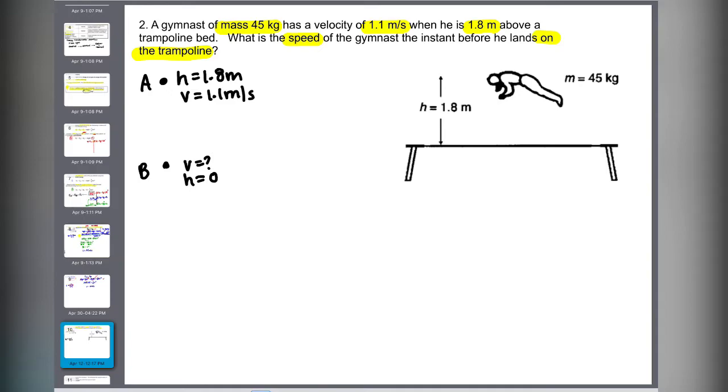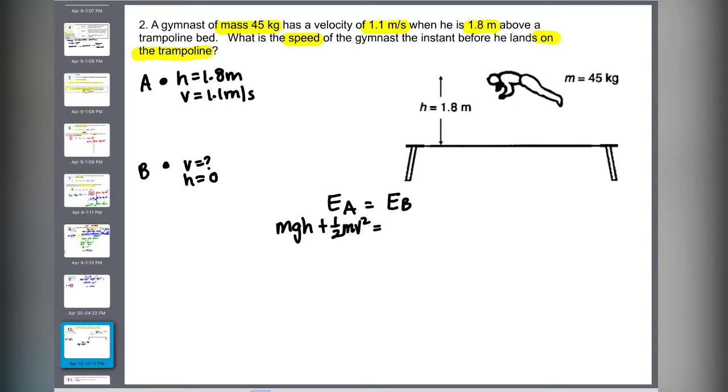If I have been nagging and repetitive, you know that you are writing the exact same line to start out. EA equals EB. I'm actually going to do it closer to the bottom so it gives me a bit more room. So EA equals EB. And I know EA has potential and kinetic. Potential is mgh. Kinetic is 1/2 mv squared.